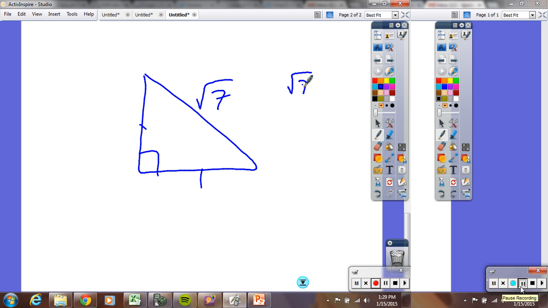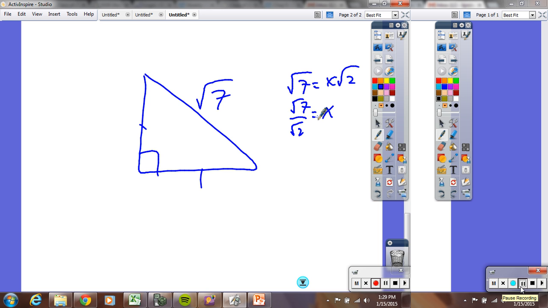Square root of 7 equals x root 2, right? You're just taking shortcuts, but yes. I'm not saying it's not true. It's true. I'm not saying it's not. I'm just, not everybody can think like that. Right?